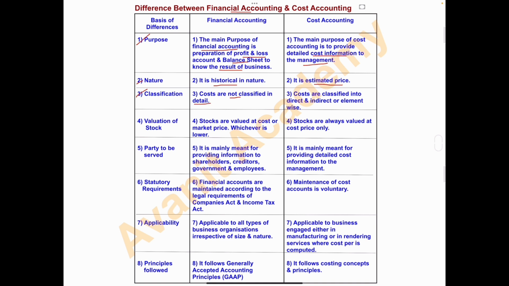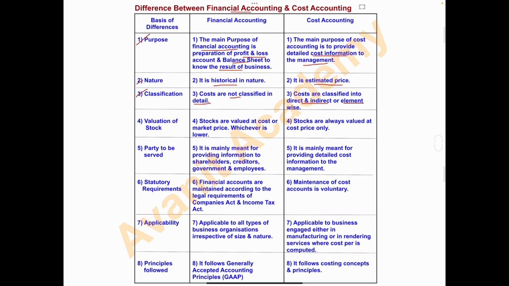But in cost accounting, the costs are classified in detail, that is direct and indirect cost, element wise, etc. The costs are classified in 11 groups, that is element wise, behavior wise, nature wise, function wise, etc.